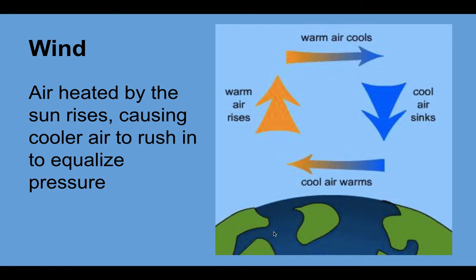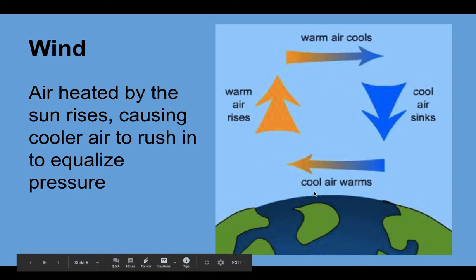The second thing that is going to move the ocean currents is the wind. As wind pushes along the surface of the ocean, it's going to move water. Wind is created by heat from the sun. Air heated from the sun rises.